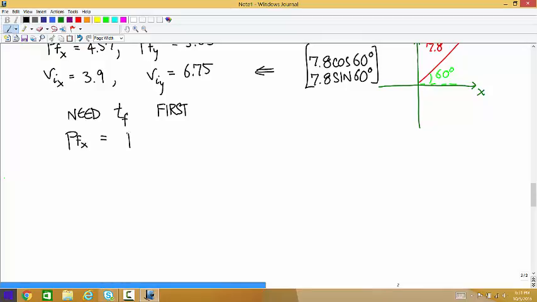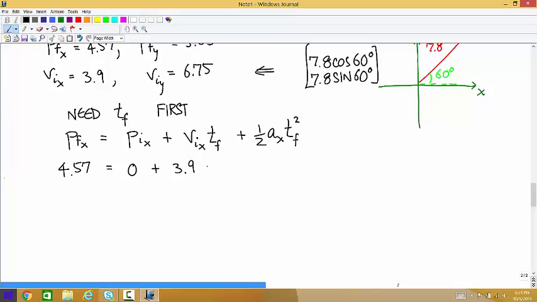Okay, so PFX is equal to PIX plus VIX TF plus 1/2 AX TF squared. So 4.57 is equal to 0 plus 3.9 TF.